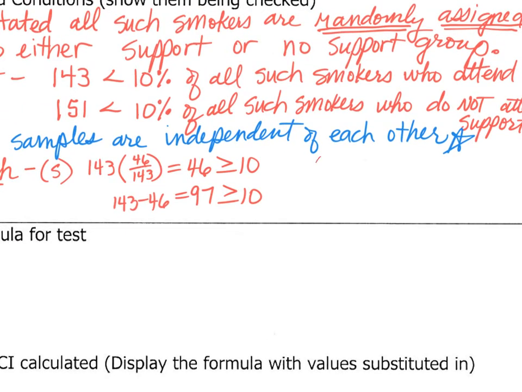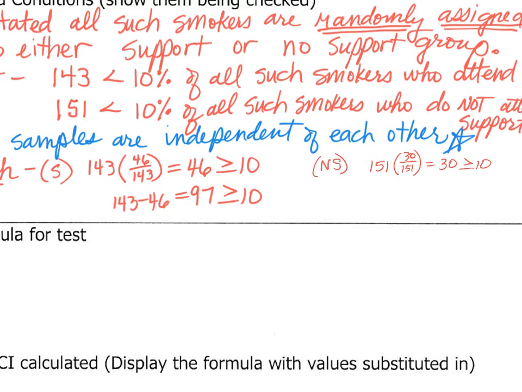Now I have the no support group. 151. That was 151. And that's N times P, which is 30 over 151. So magically that equals 30, which is greater than or equal to 10.